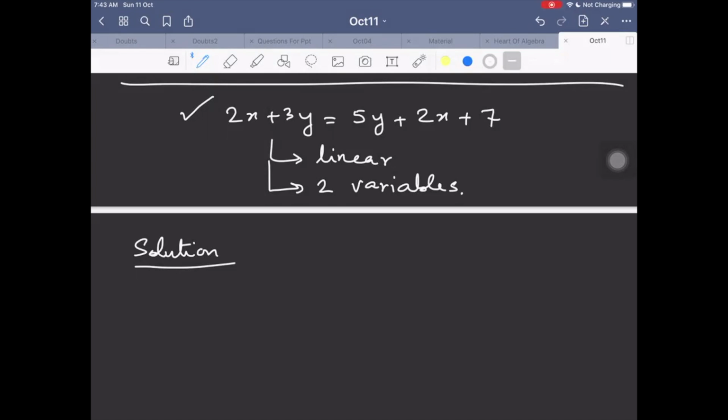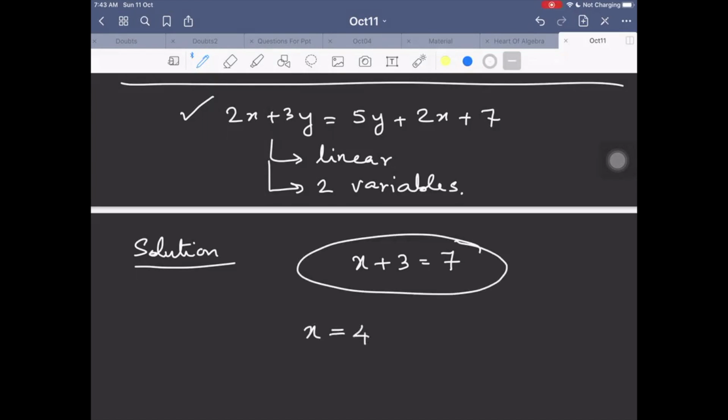Say for example, if I have x plus 3 is equal to 7, you know that this statement will be true only when x is equal to 4.